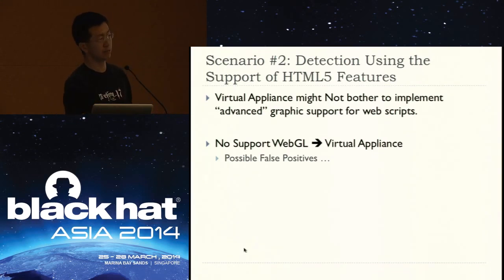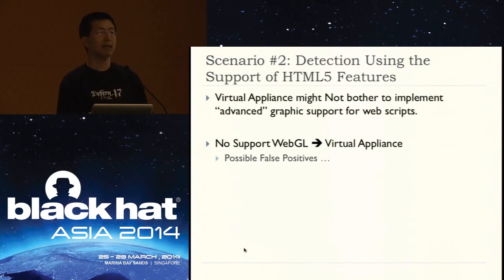One possibility is you might have a weird display card that is not supported, or you might have an old device that doesn't support it. And you could also have someone who just unloaded the driver because they wanted to use their own display driver. Okay, so you could have false positives.